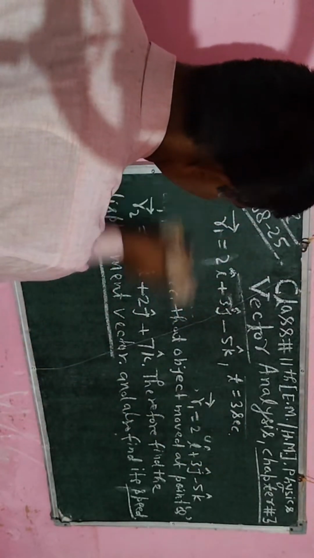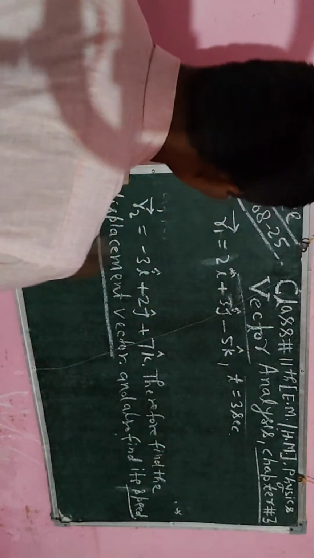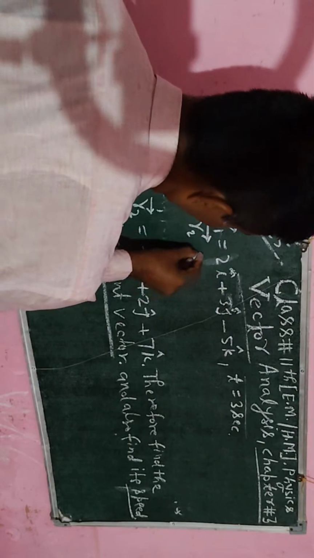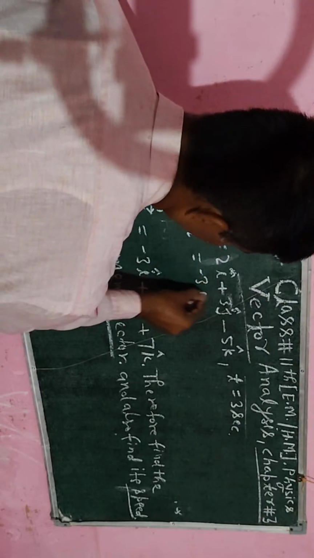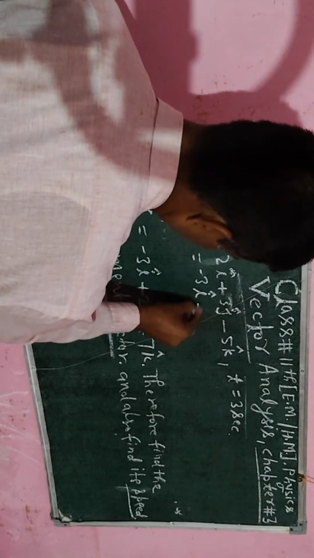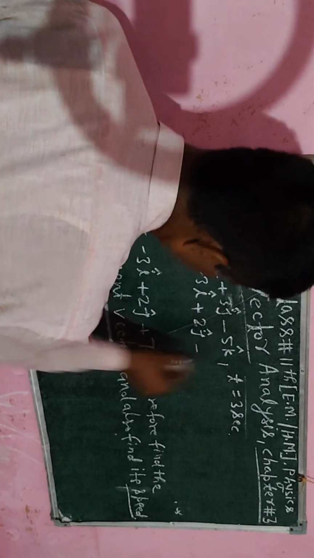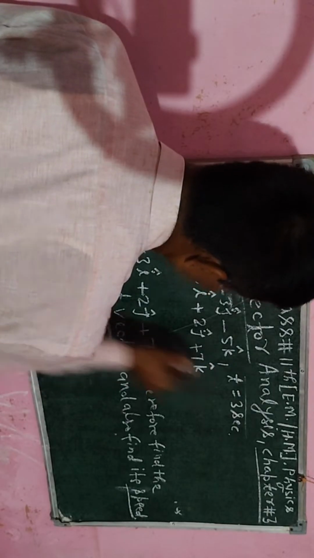Now I will erase this one, and after erasing I will put the second position vector. The second position vector is r2 equal to minus 3 vector i cap plus 2 vector j cap plus 7 vector k cap.